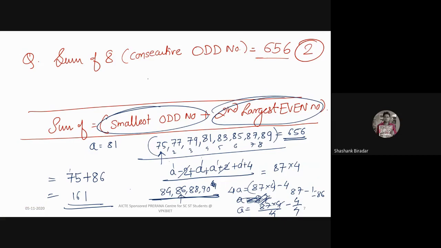Suppose you have 8 numbers, 1, 2, 3, 4, 5, 6, 7, 8, and in between this one, assume this as A and add the numbers for this one.